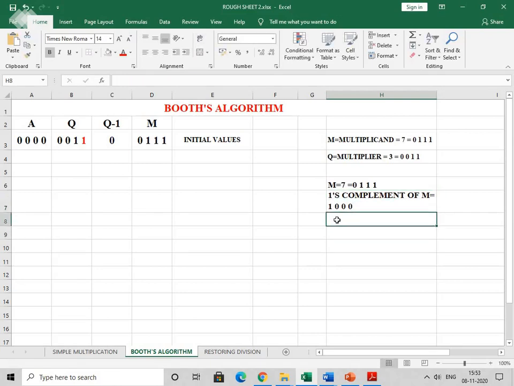Okay, what will be then the 2's complement? The 2's complement will be 1 0 0 0 plus 1, which gives 1 0 0 1, right?